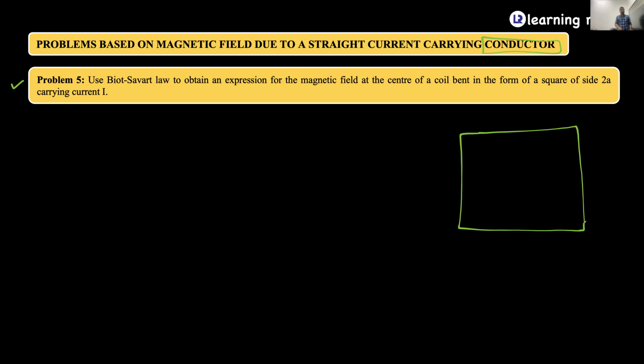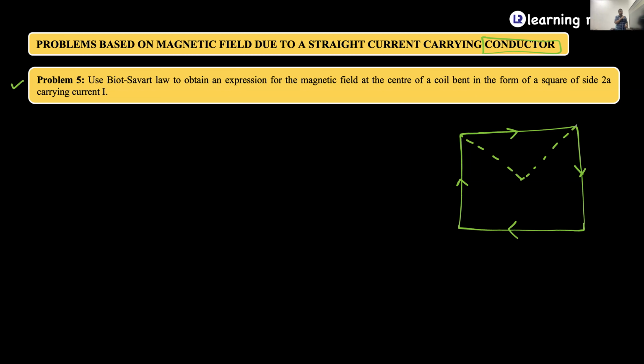Are you able to understand what I'm saying? This is one conductor, second, third, and a fourth. So if I take the current in this coil to be in clockwise direction, our job is to find the value of magnetic field due to the whole system at which point? At the center of the square. Clear?